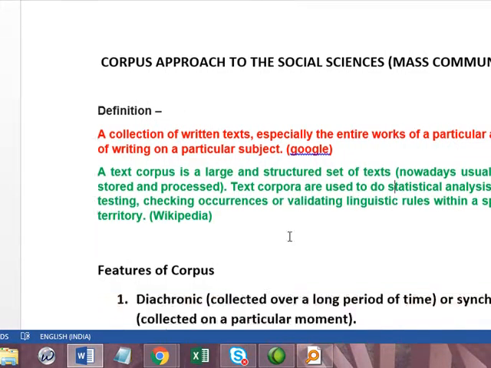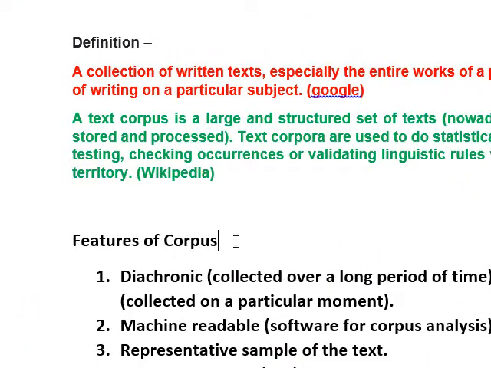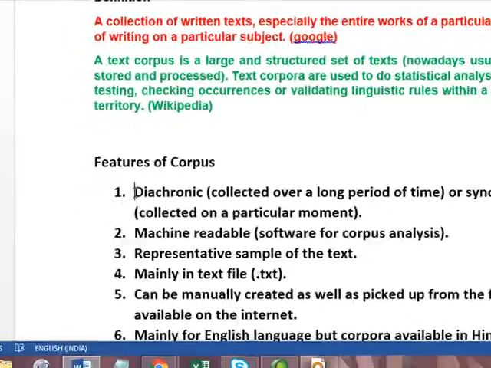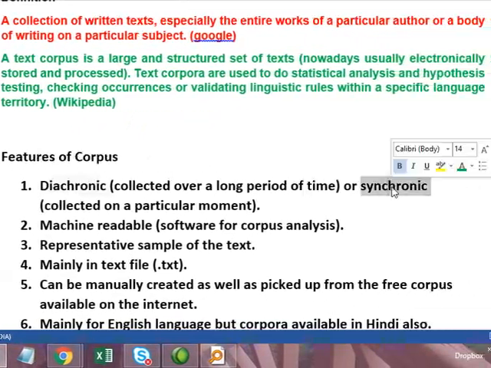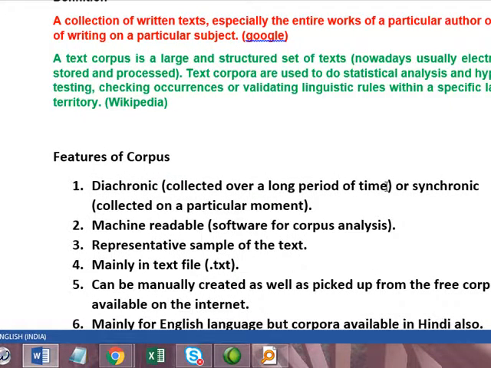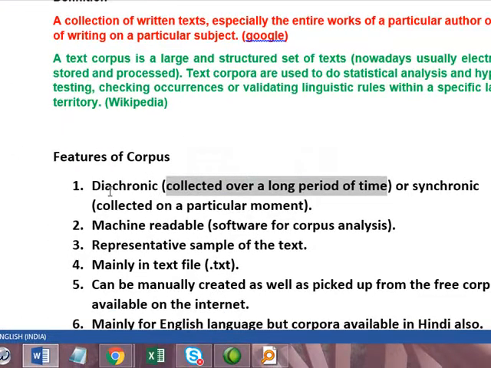We are back to it, and we would like to discuss some of the features of the corpus. So friends, a corpus can be diachronic and it can be synchronic also. The diachronic corpus is collected over a long period of time, for example 100 years, 50 years, 40 years. It's a long time span.